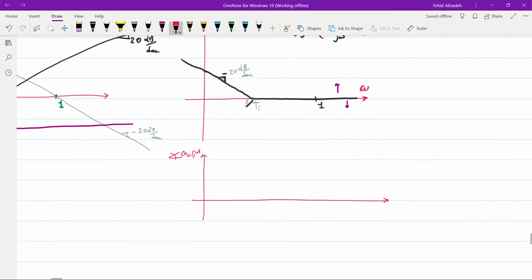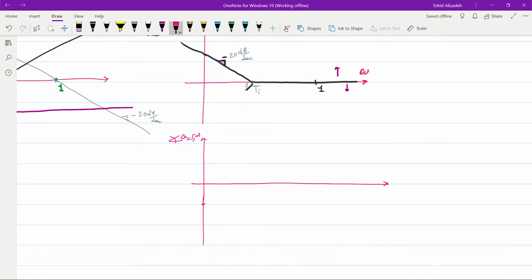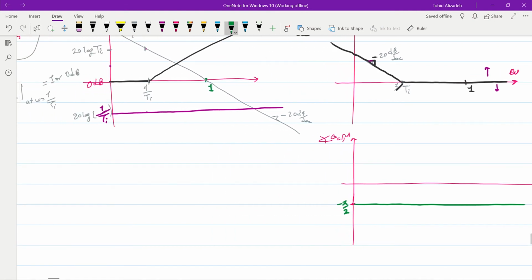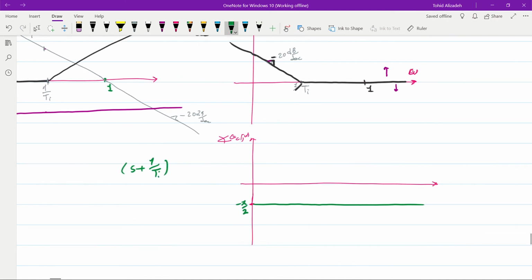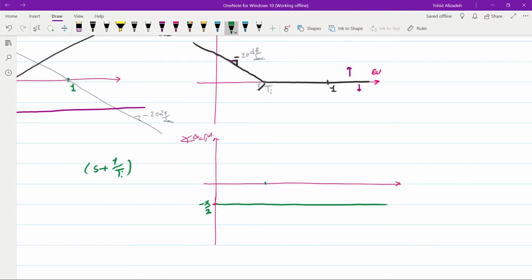will have two components. One which comes from the pole at the denominator, at the origin, will always be equal to minus pi over 2. On the other hand, for the 0 that we have, s plus 1 over Ti, where the 1 over Ti frequency is over here.